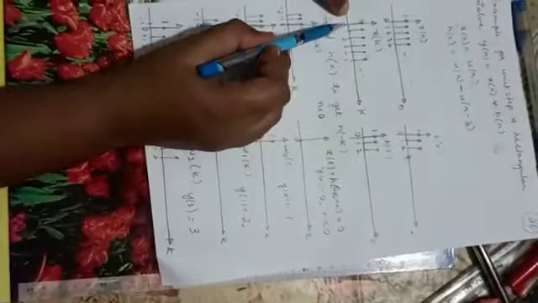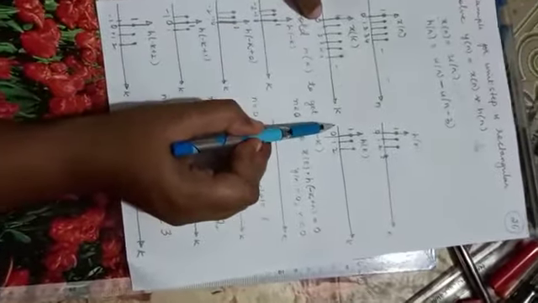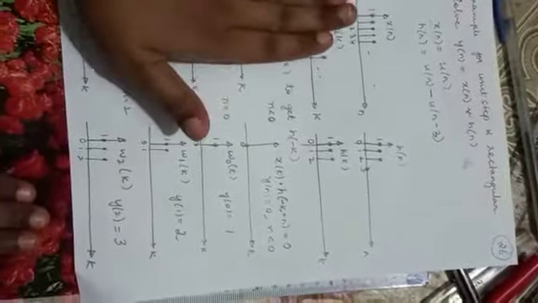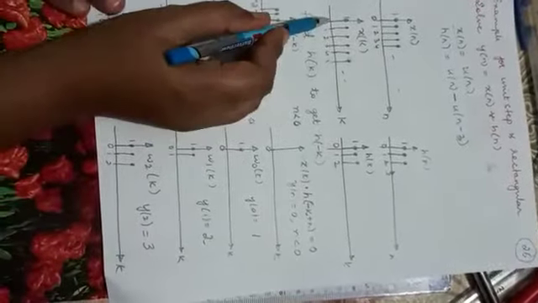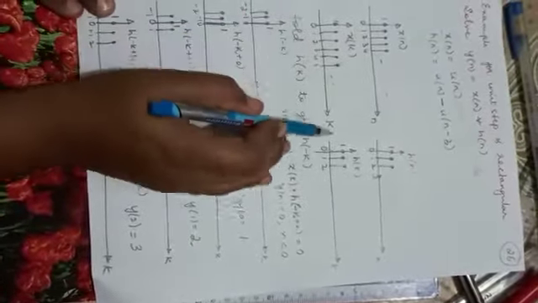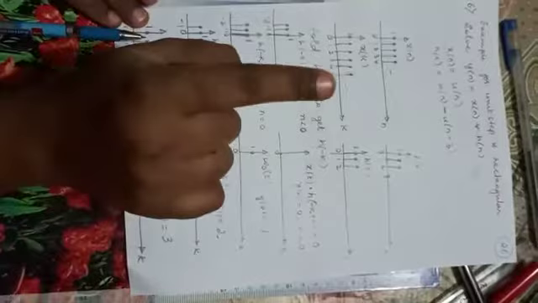If I repeat this, you can observe x of k exists from 0 to infinity, but h of k has only 3 samples, and these 3 samples will move over this. You can observe this as a stationary signal, and h of k is moving over that. Since h of k has only 3 samples, when you slide over it, you will get only 3.